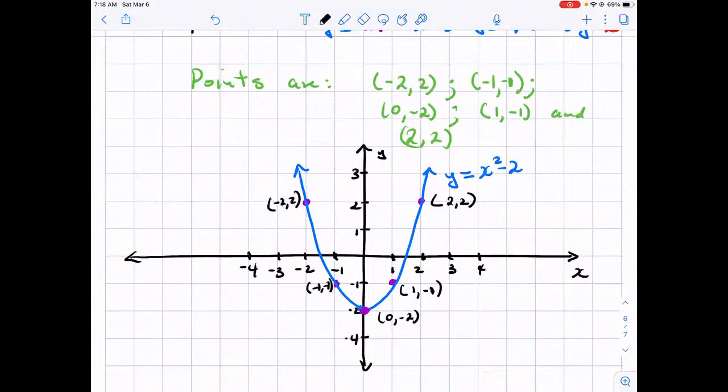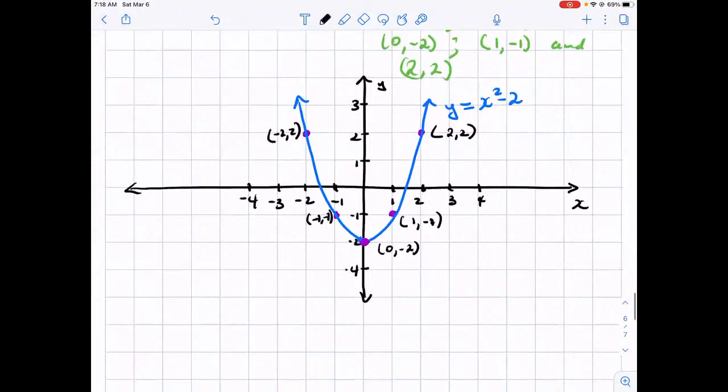So you will notice that when it is not a line, sometimes you have to plot a lot of points, too many points, as we'll see. And sometimes the points can be confusing, or you only get a piece of the graph.